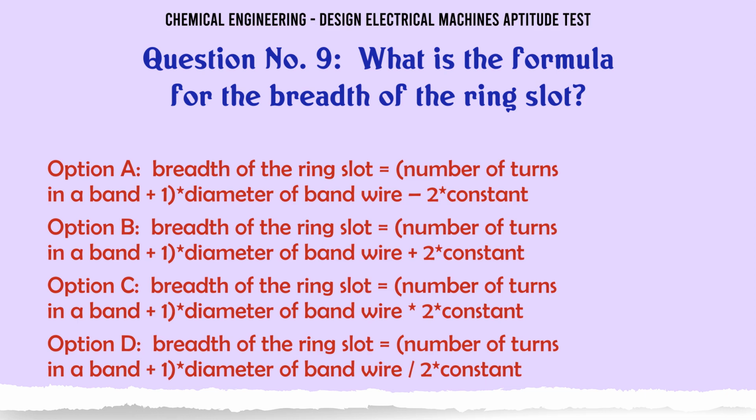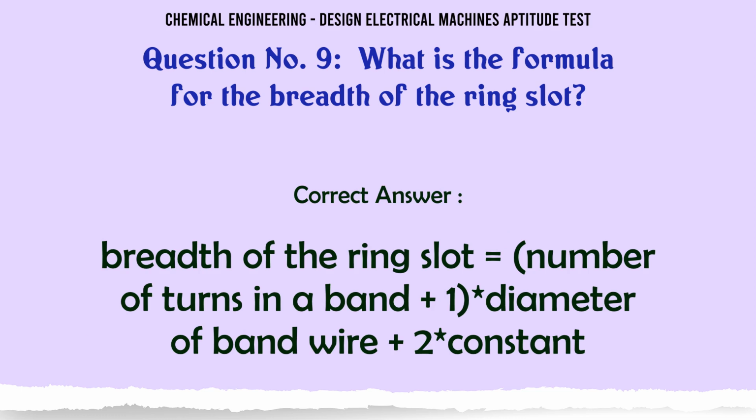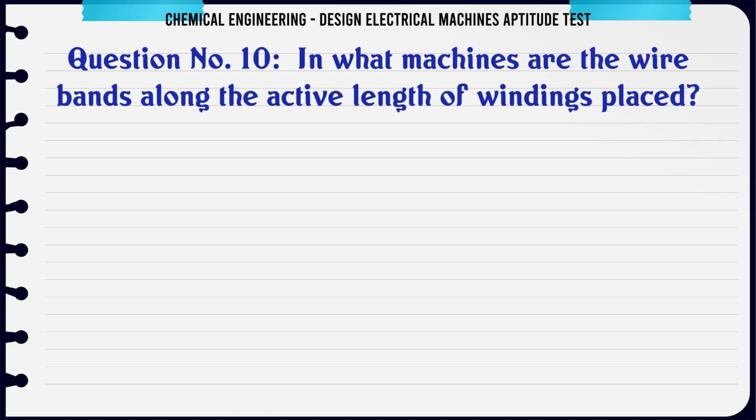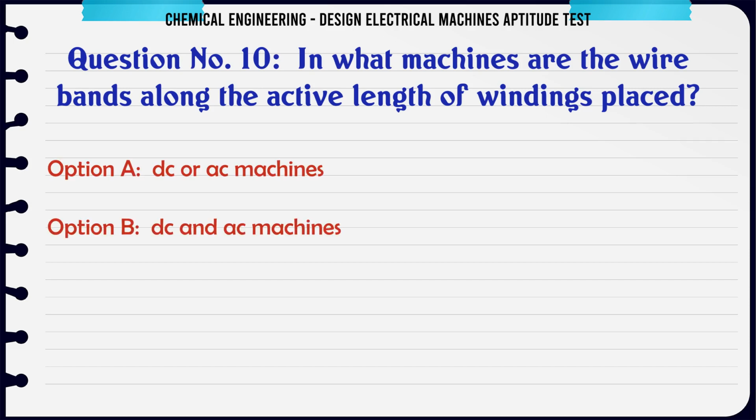D. Breadth of the ring slot, number of turns in a band 1, diameter of band wire 2, constant. The correct answer is breadth of the ring slot, number of turns in a band 1, diameter of band wire 2, constant.